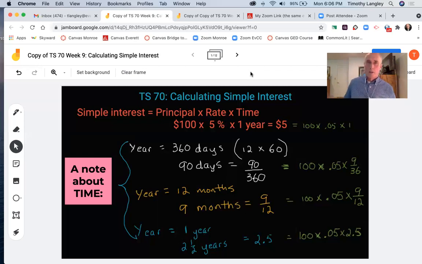I'm going to jump in here and we're going to talk about something called simple interest. Just as a general idea, let's say that you were going to buy a used car for like $6,000. But you have like a 4% interest rate that you're going to have to pay off over 5 years or something.